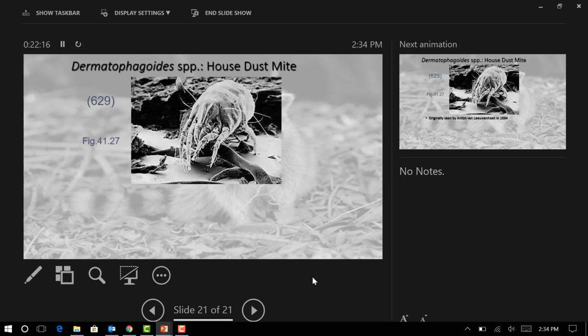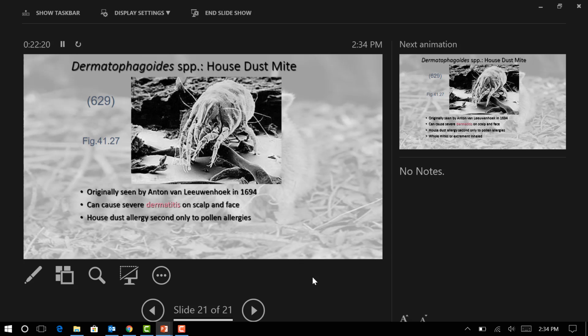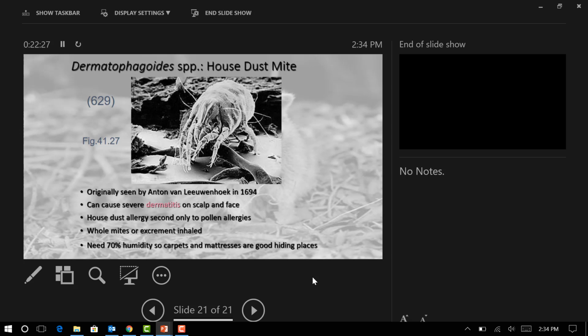This is another mite, Dermatophagoides, the house dust mite. And so these are the most common mites to find in humans. And they do go in your house. Yep, but they're teeny tiny little organisms.